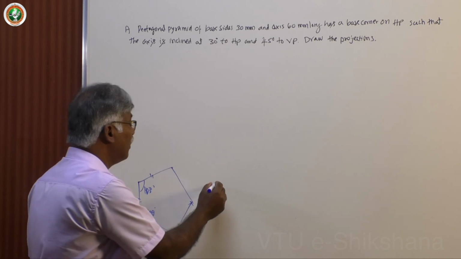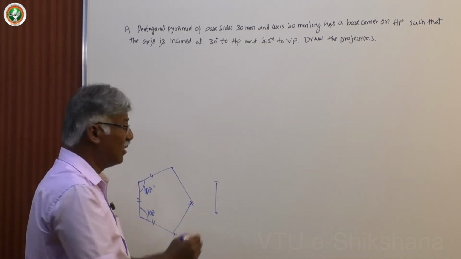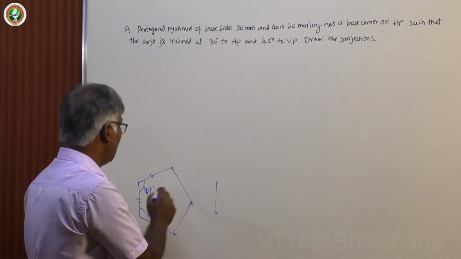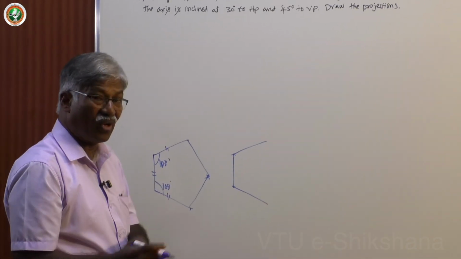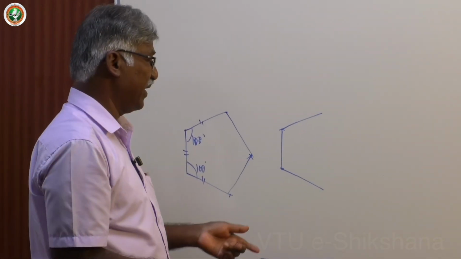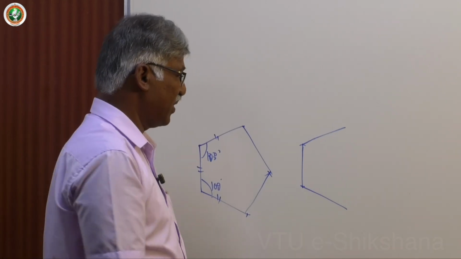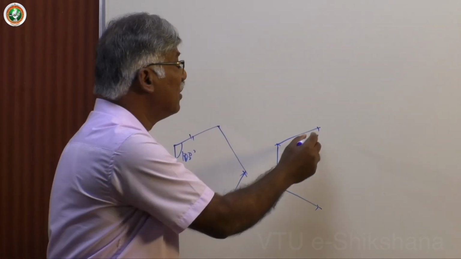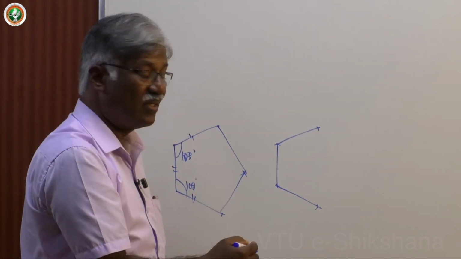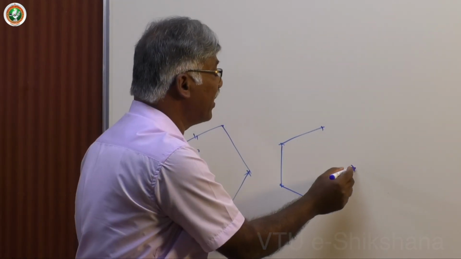Basically, first draw a line, then 108 degrees, 108 degrees. Normally we commit a mistake by taking 112 instead of 108, that is one mistake we commit. Then take these two as centers, draw arcs, then from the same centers and the same radius draw again.